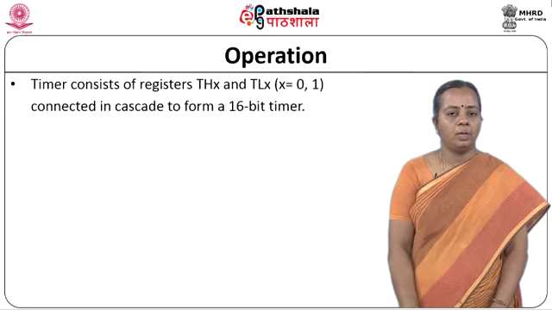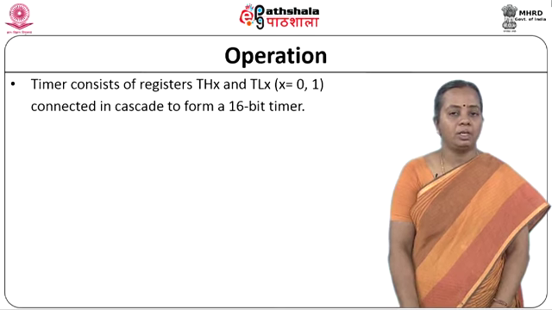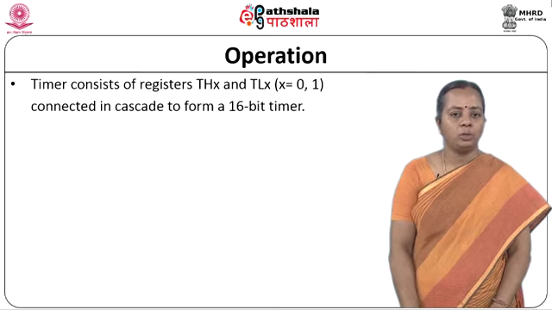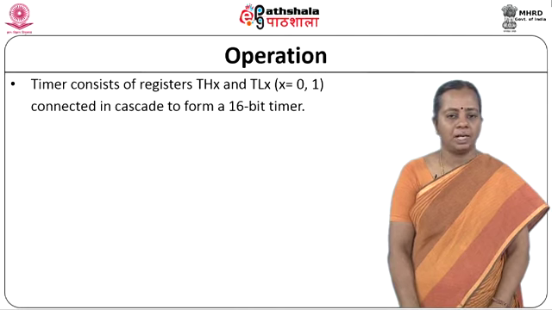Now, when you are looking at the operation, because we told you it is an 8-bit microcontroller, each register will hold only 8 bits. But we have 16-bit timers, so we need to combine two registers to make 16 bits. Here we have a TH register and a TL register.